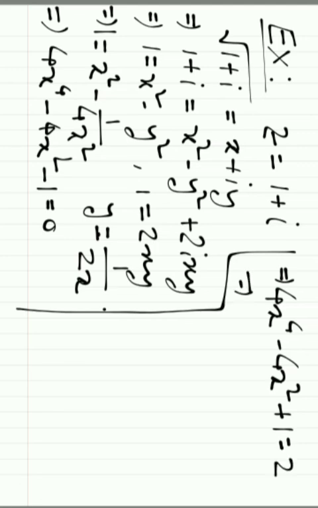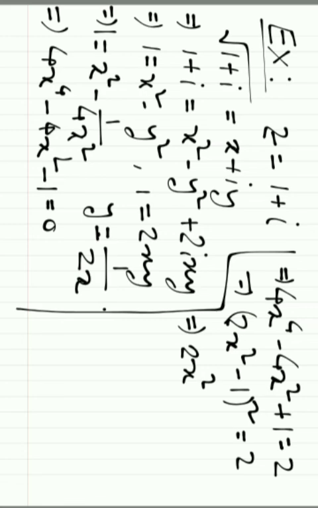Then we can write this equation as (2x square minus 1) whole square is equals to 2, and then taking the square root, we can write 2x square minus 1 is equals to plus minus root 2. So x square is (plus minus root 2 plus 1) by 2.